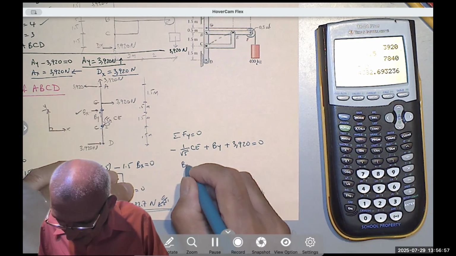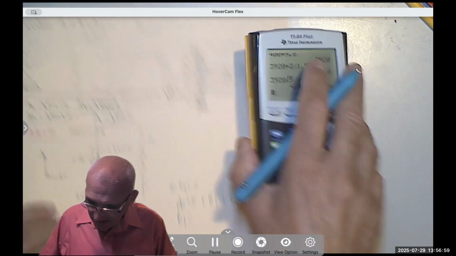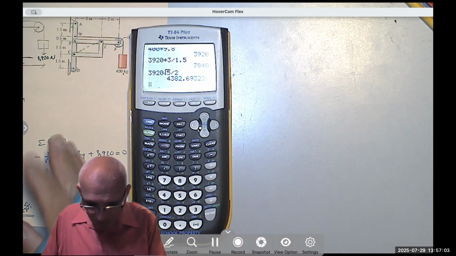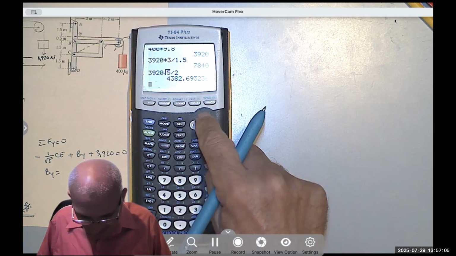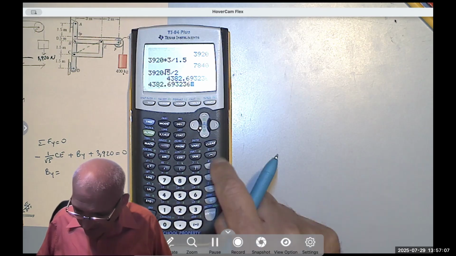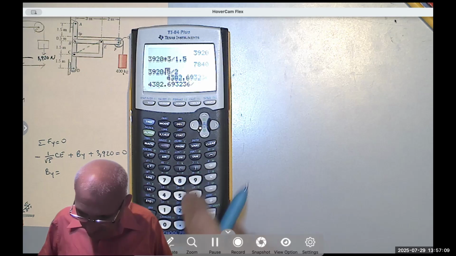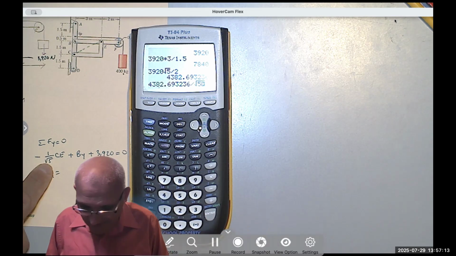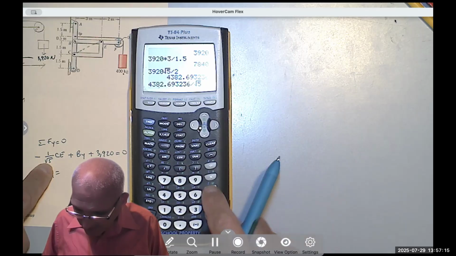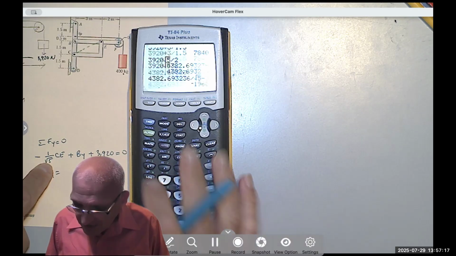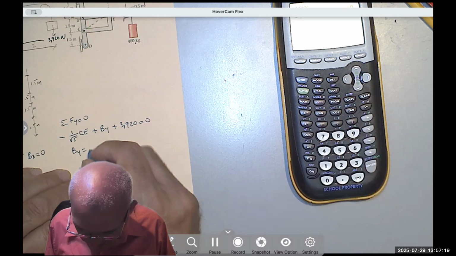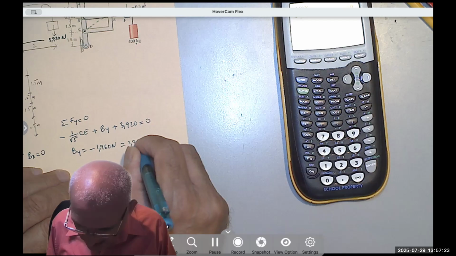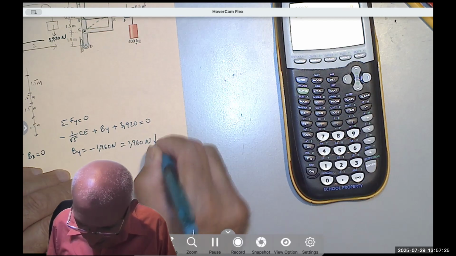So By equals, I'm going to take that as positive and that as negative because they move to the other side. So I'm going to take this number divided by the square root of 5, right? 1 over square root of 5, but that would be positive, and then I'm going to subtract 3920, so I get negative 1960 Newton equals 1960 Newton down.